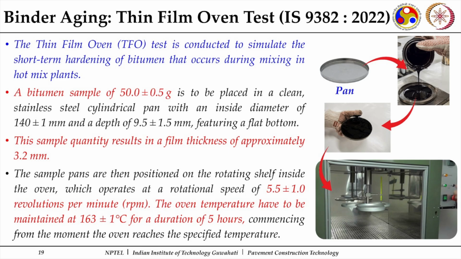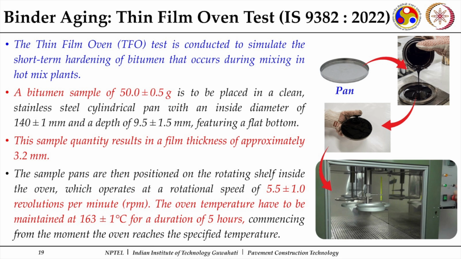There is a shelf over which these pans are placed after pouring of binder. So, I have poured the standard requirement of 50 gram in these pans, which are of standard diameter as well as height, and then they are transferred to this particular oven where a rotating shelf is there.